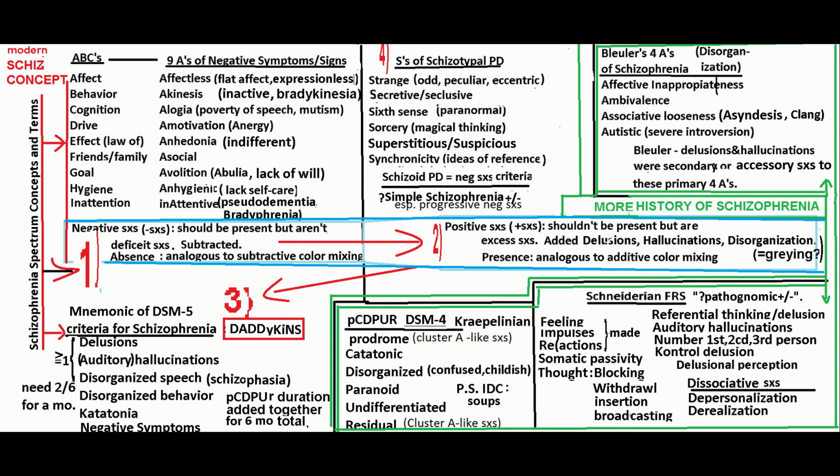And disorganized speech, which has a neat term, schizophasia, what people used to call word salad. And then you have disorganized behavior, which a lot of times is just called bizarre behavior, catatonia, and then negative symptoms. And of course, all the negative symptoms are listed up top. The mnemonic for that is just daddykins. In other words, delusions, auditory hallucinations, disordered speech, disordered behavior, catatonia, and negative symptoms.